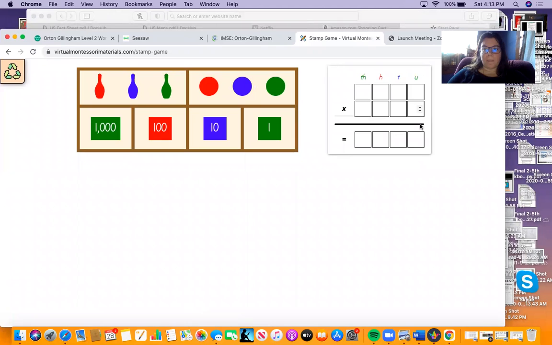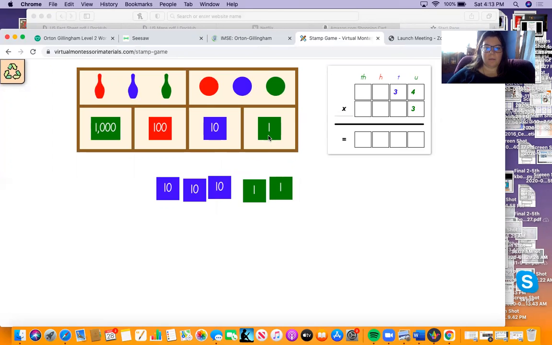So we know that multiplication is just repeated addition. So let's say we have a number like 34 and we want to multiply that by 3. So we get out our first addend of 34 and we're taking that 3 times.